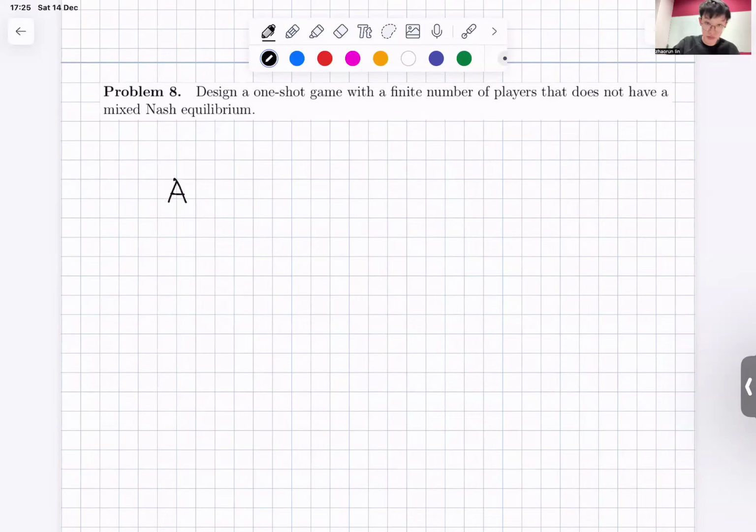So consider this game, with players A and B. They each provide a number within this range, and the player that provides a larger number will get a reward of 1.